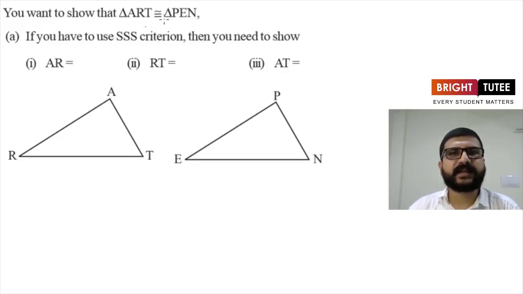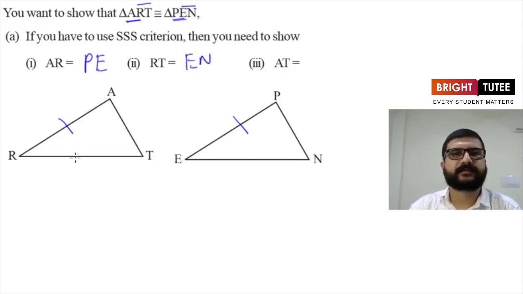We have to show AR is equal to, this AR should be equal to PE. So here let's write PE. This AR should be equal to PE, and then RT should be equal to EN. This RT has to be equal to EN.